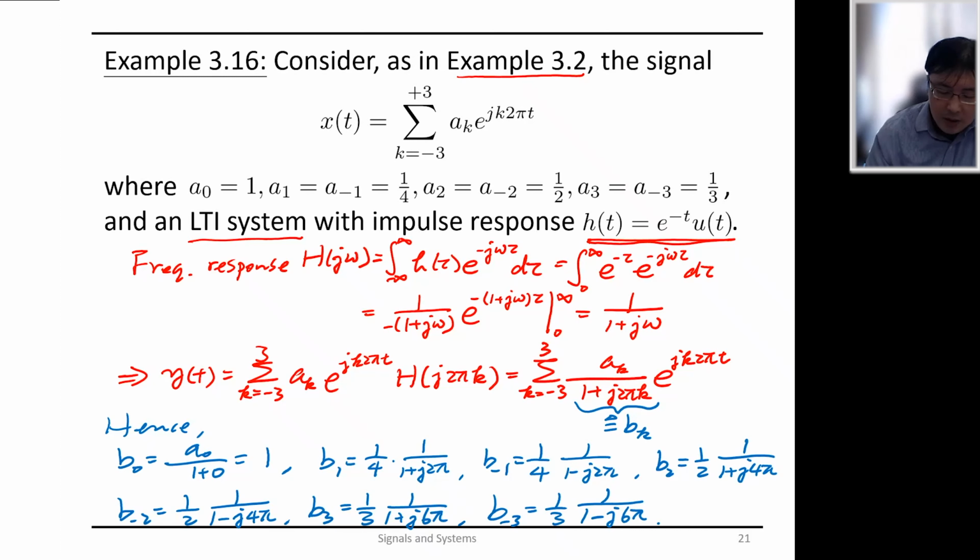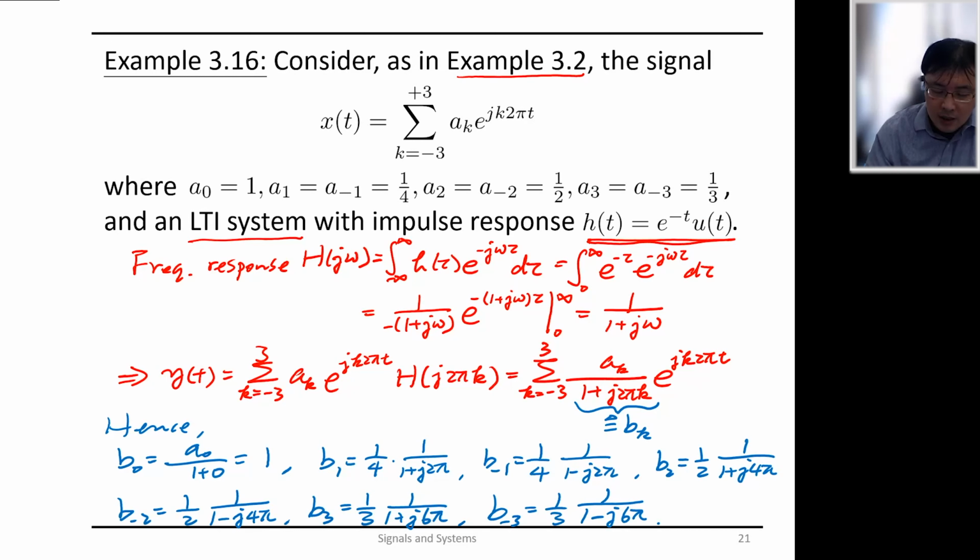So these Fourier series coefficients for y of t are obtained by simply plugging different values of k into this formula here, with a_k given in the problem.